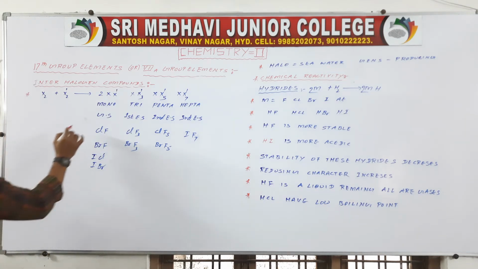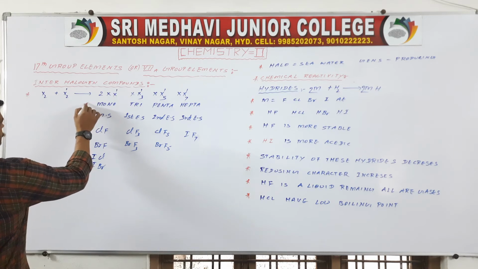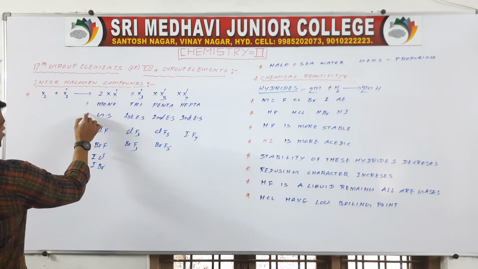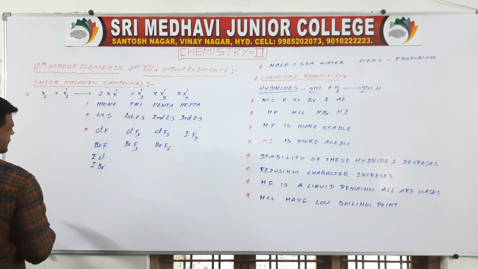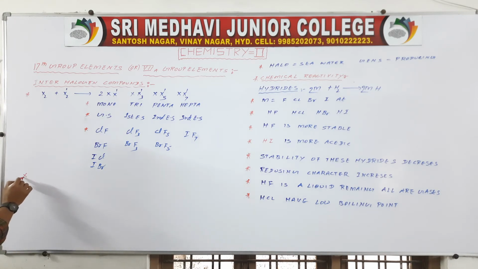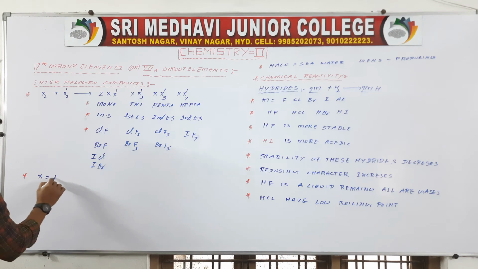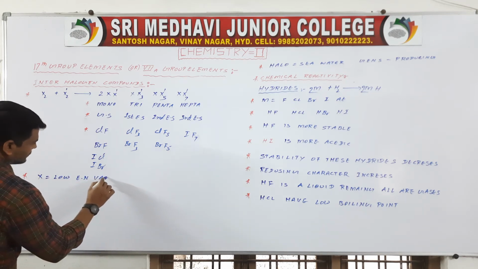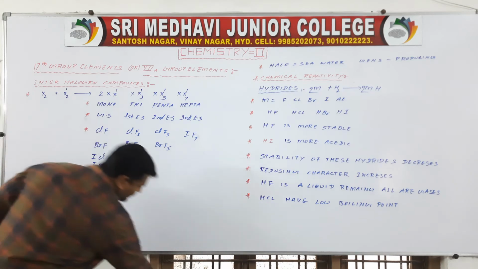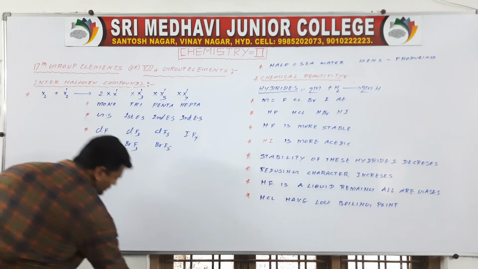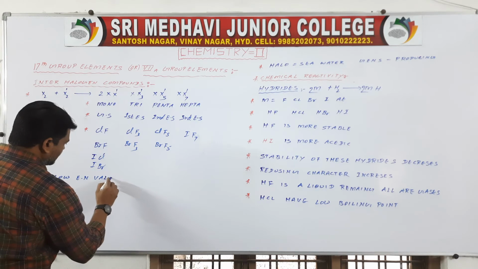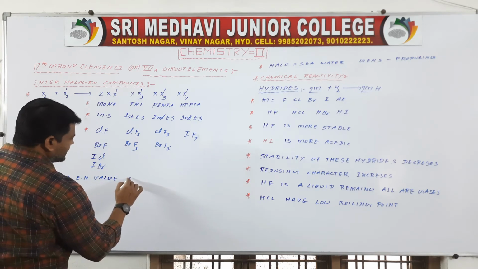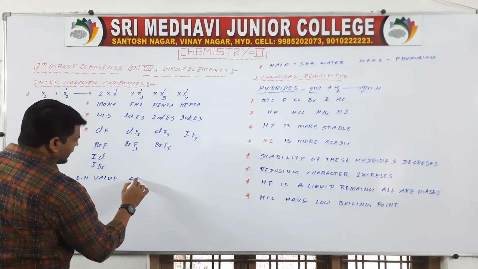Next, X is the one with low electronegativity value, which is the central atom.